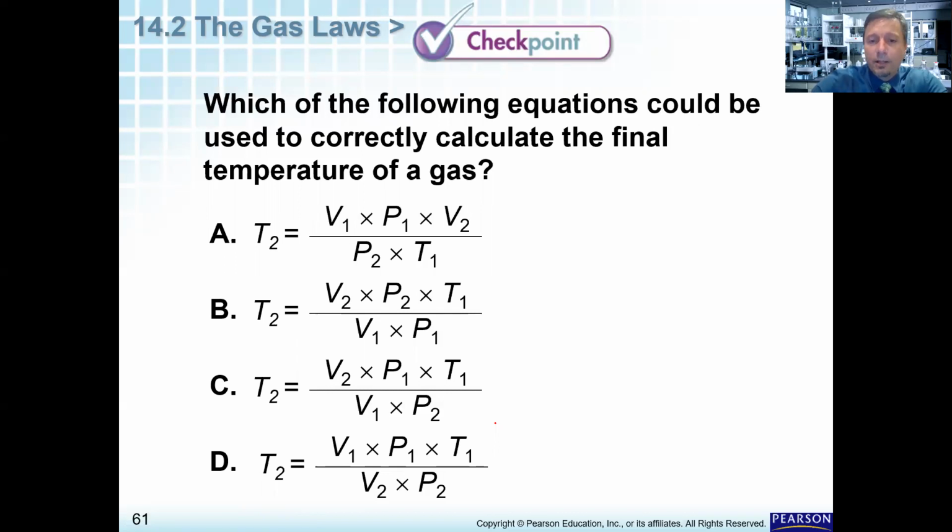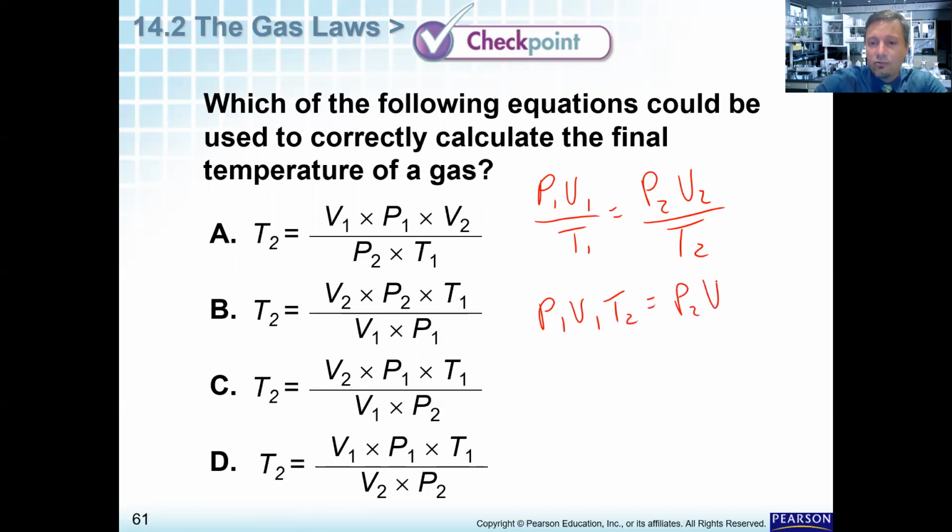So remember our formula: P1 V1 T1 equals P2 V2 T2. And I told you to just cross multiply. So I'm going to have P1 V1 T2 equals P2 V2 T1. And I want to get my T2, so I'm going to divide both sides by P1 and V1, and I can cancel it off on this side.